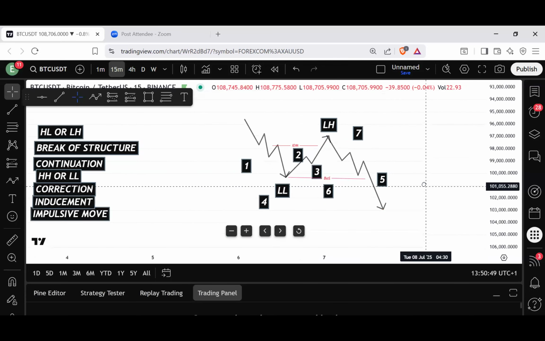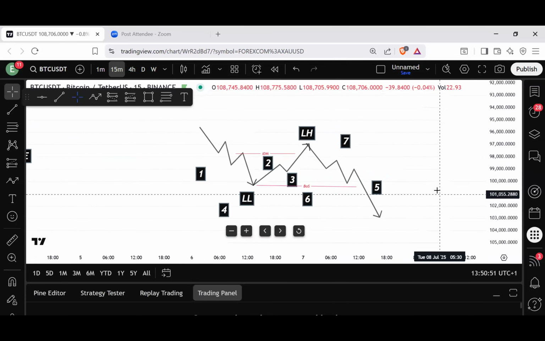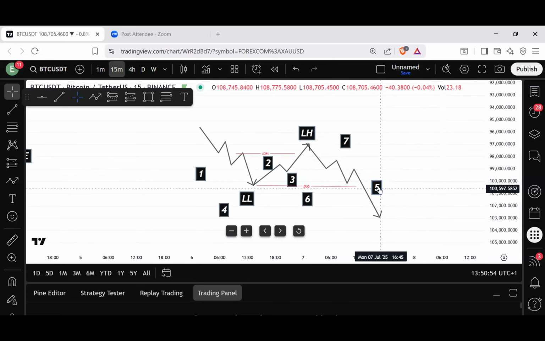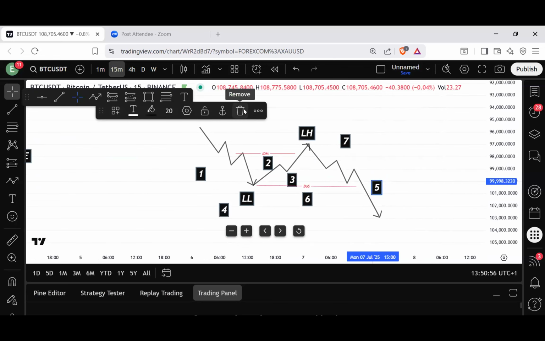Yeah, it's clear. The numbers you can just align a little bit. So the 1, 2, 3, 4, 5. I think it's okay.